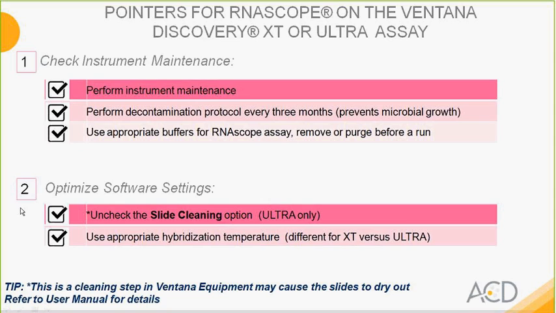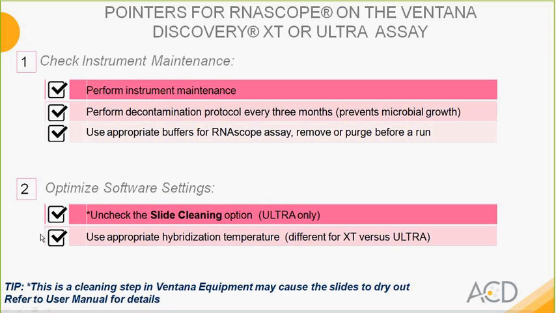Optimize software settings by unchecking the slide cleaning option. This applies to the Ultra only, and this is important as this is a cleaning step that is a part of the VENTANA equipment maintenance, but not applicable for RNAscope. When checked, the slide could dry out and can affect the results of your assay.